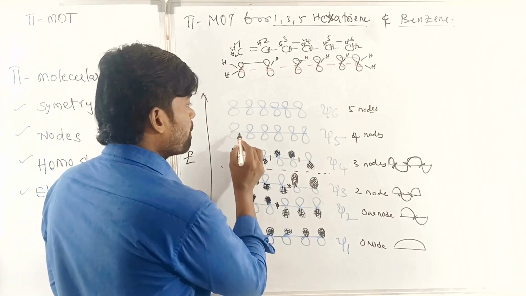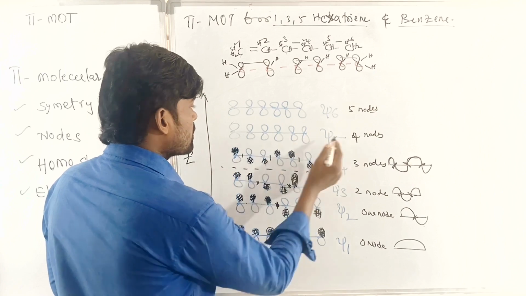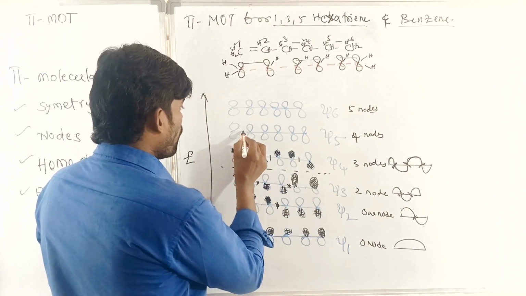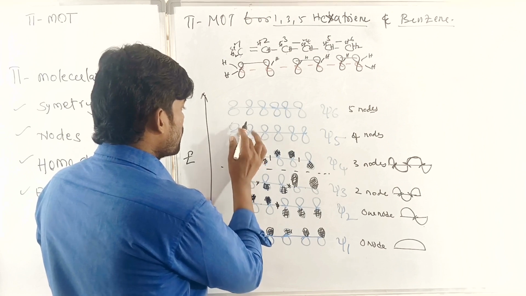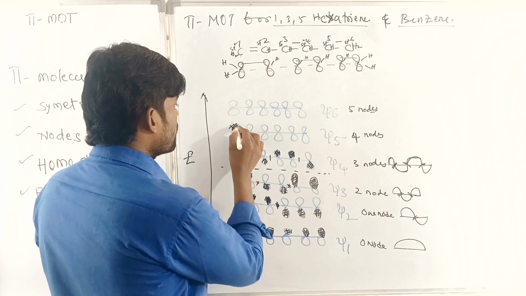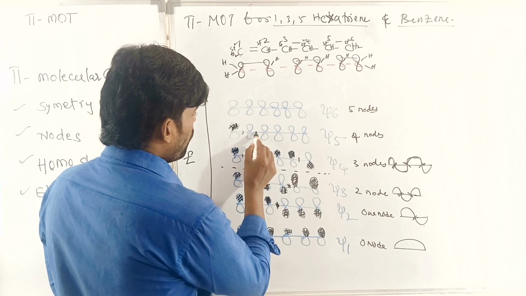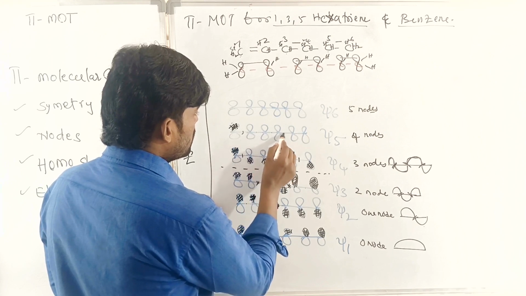Let me draw this. 4 nodes. 1 node, sorry. Let me give 1, 2, 3, 4.